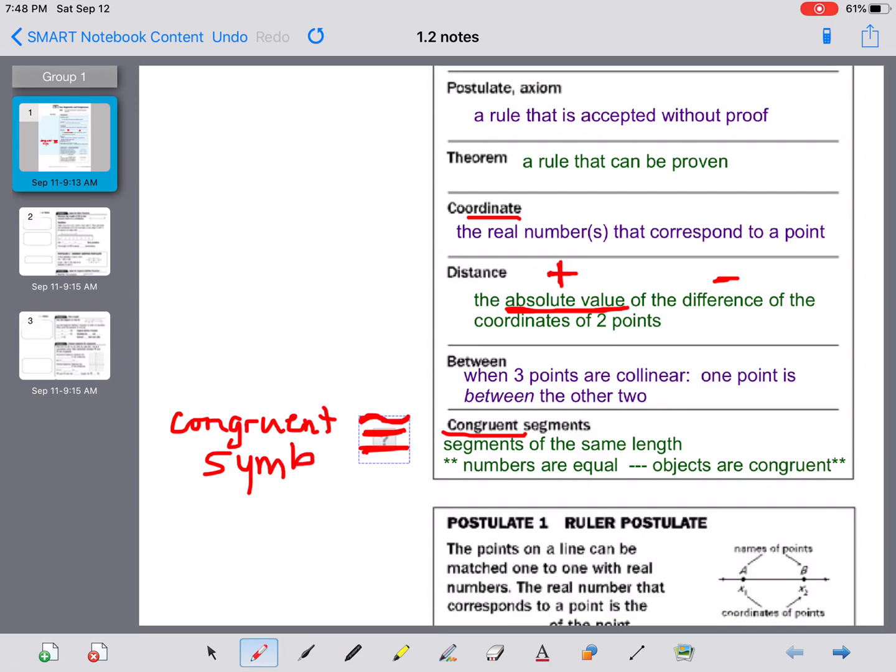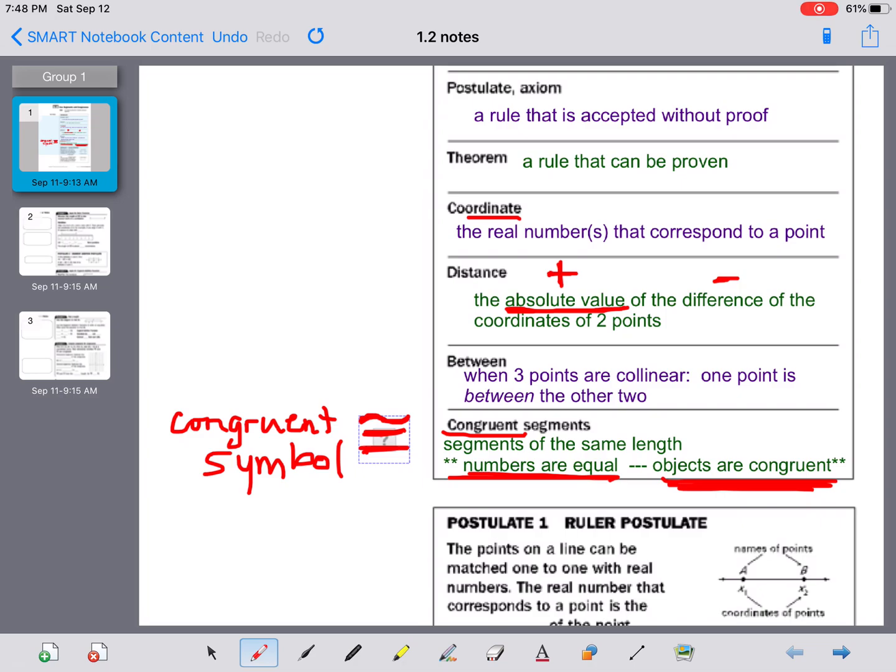And I give you this note right here that numbers are equal. So we've had a lot of solving for x. X equals 3, x equals 7, x equals 22. Those are because we have numbers involved, things are equal. But when we start talking about objects that are the same size, the same shape, they are congruent. Objects cannot be equal to each other, but they can be congruent to each other. So objects are congruent, numbers are equal.